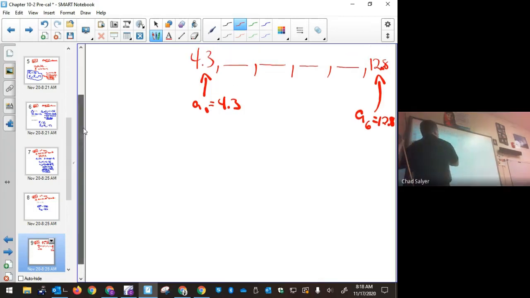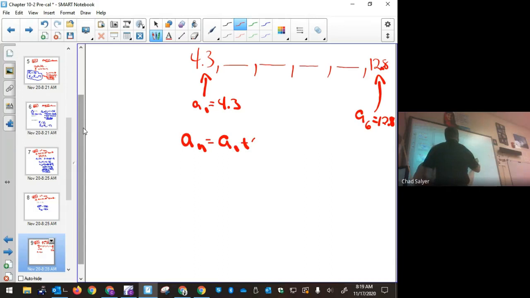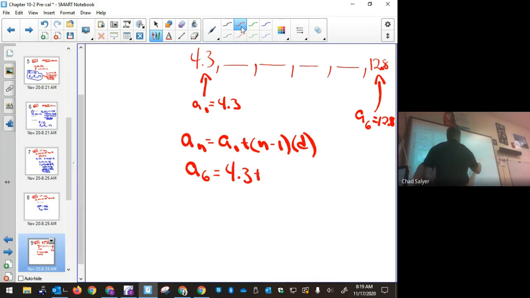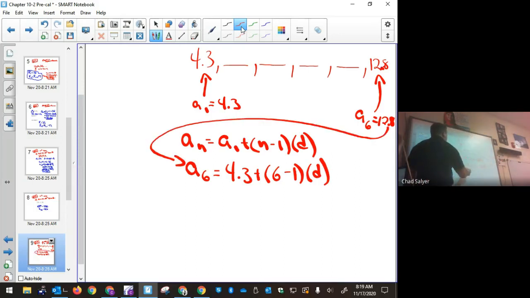So if I say a sub n equals a sub 1 plus n minus 1 times D, and then a sub 6, well, we'll go ahead and plug it in here. 4.3 plus 6 minus 1 times D. And I also know a sub 6 is 12.8.